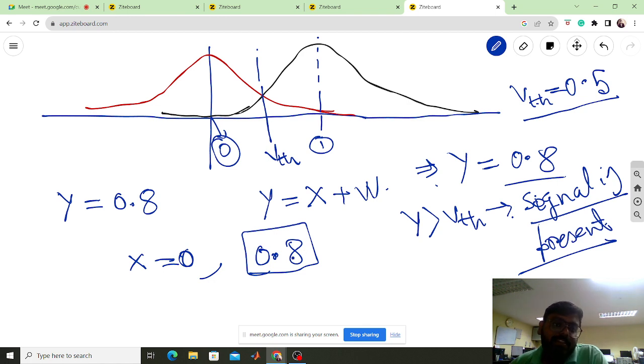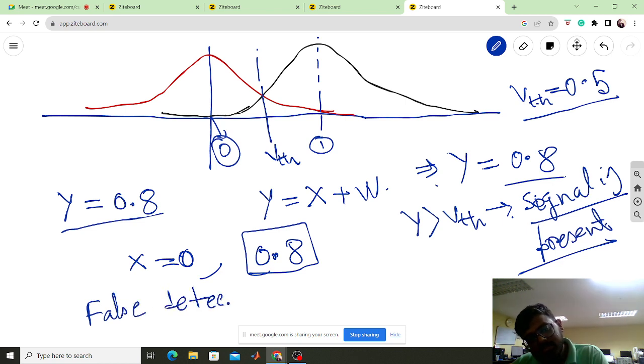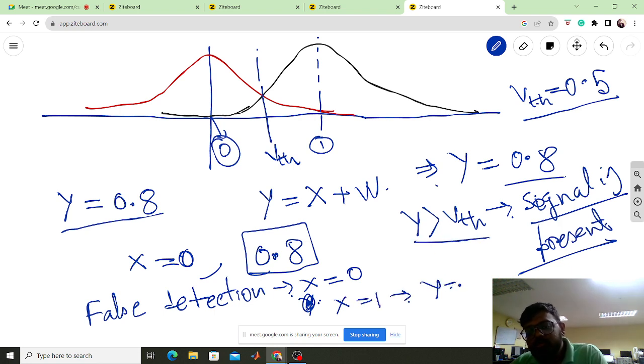So that noise is corrupting the actual output to 0.8. So this is a false detection. Why is it false detection? The actual x equal to 0, but we are deciding that x equal to 1. So this is the false detection.